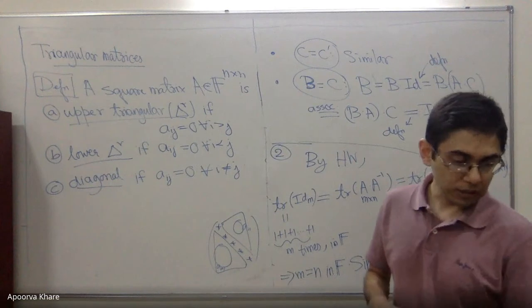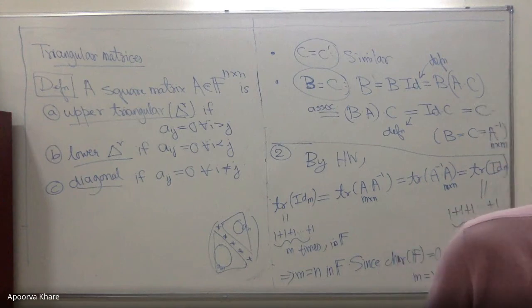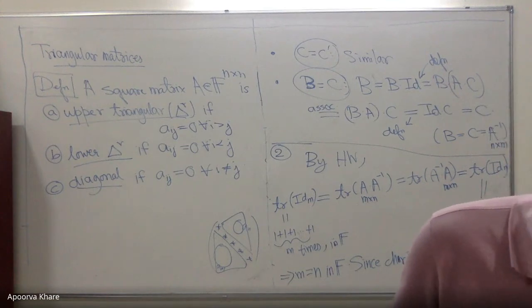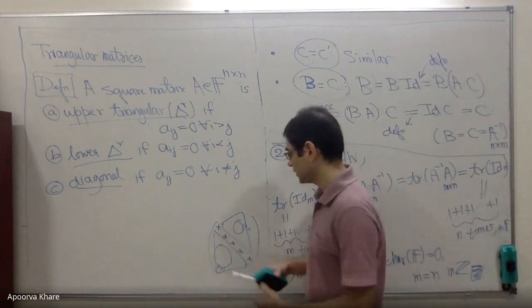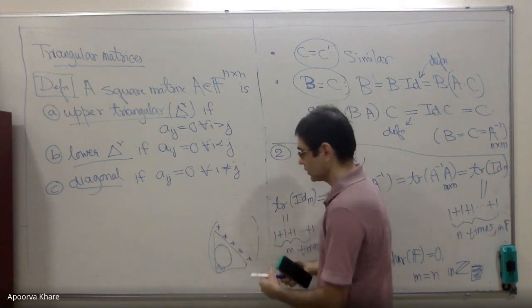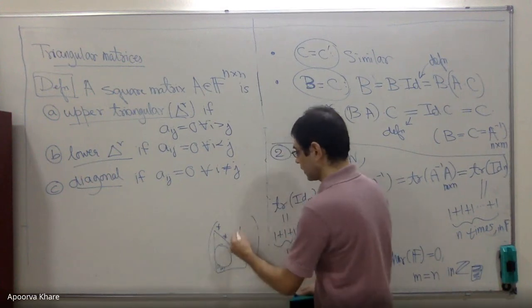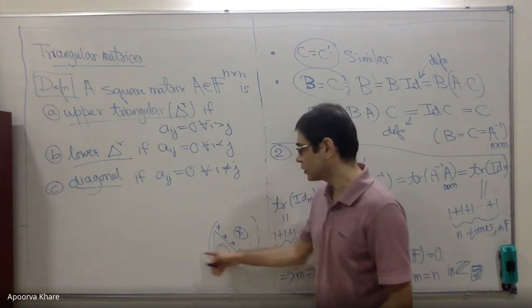Okay. So here is another homework, I guess. Homework. So clearly, suppose all these terms are 0. Let's say all these terms are 0, the lower ones, right? It's upper triangular. When you add two such matrices, what happens to the entries here?